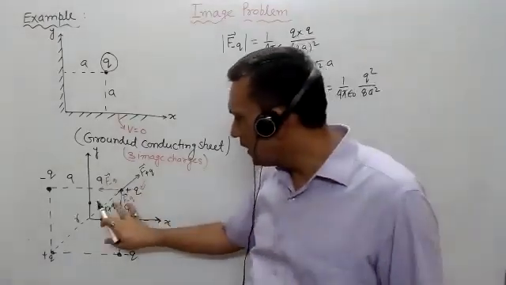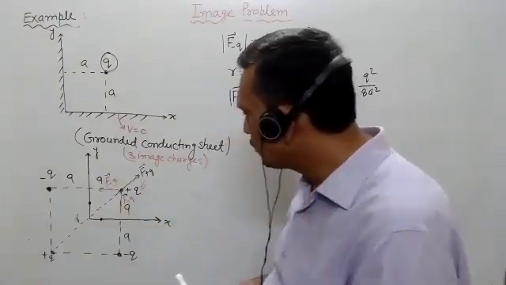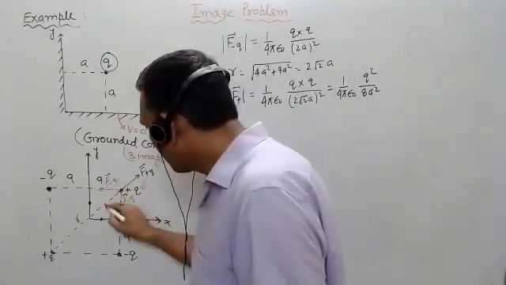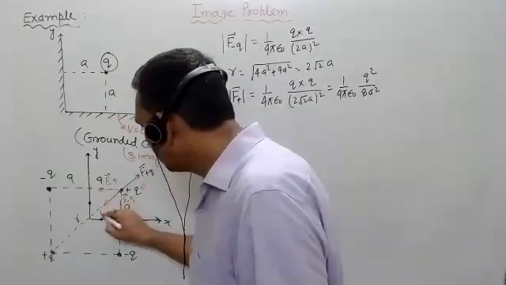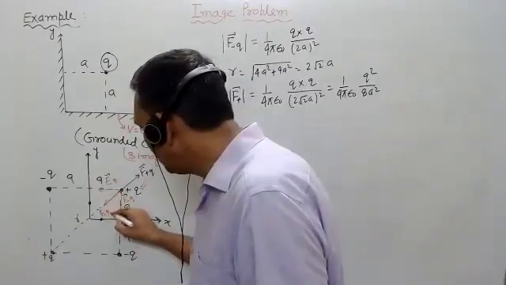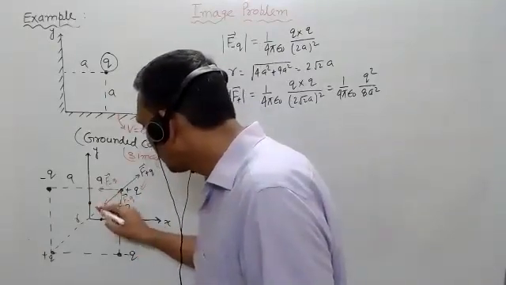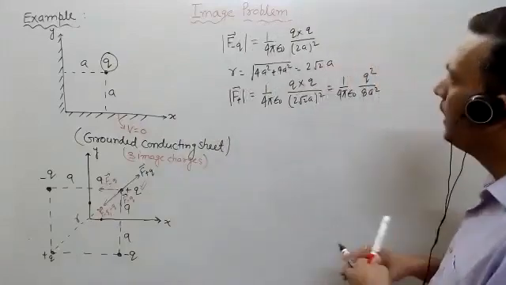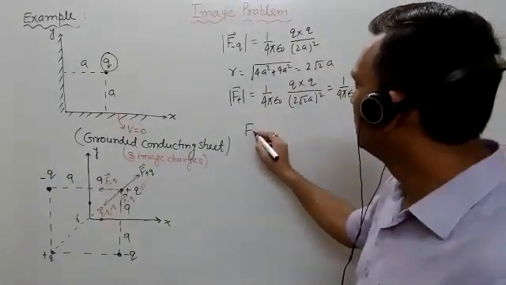Now what will be the resultant of these two forces, F minus q minus q? That will be in this direction. So let us find the resultant force.